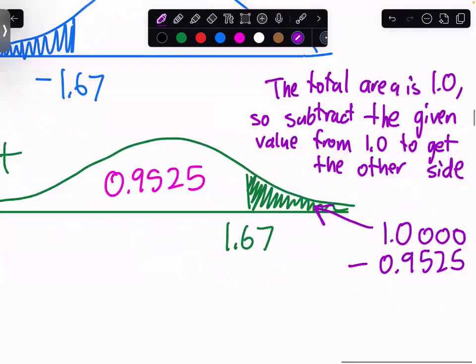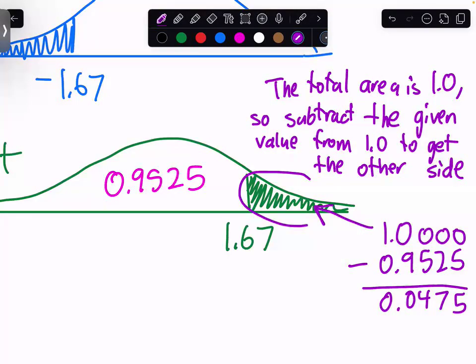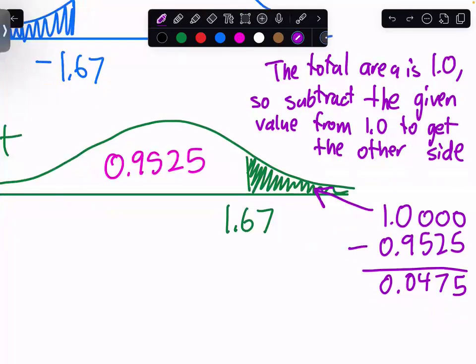You can add some extra zeros to make your decimals line up. So that means this area has a decimal value of 0.0475, or in percent form, you just move the decimal point twice, 4.75%.